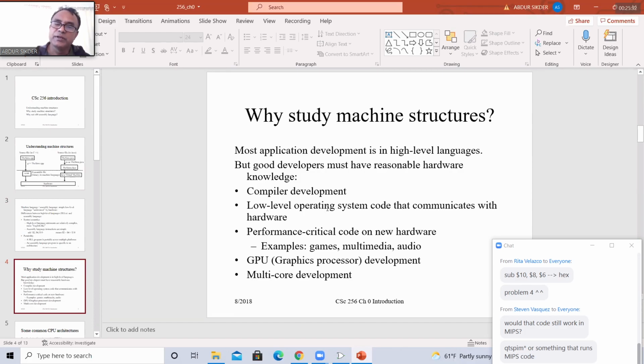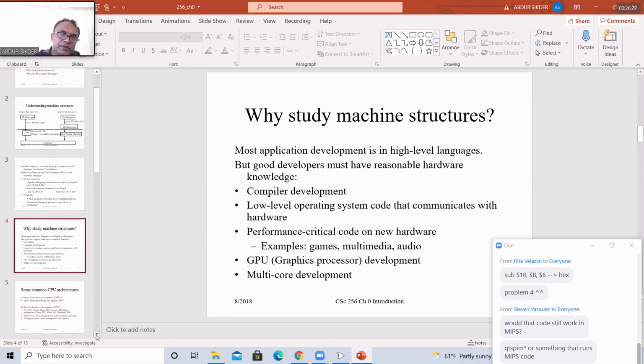We need this knowledge also for low-level operating system code, and performance critical code like games, multimedia, audio. You need to learn about machine structure, and also for graphics processor development. If you want to develop a graphics processor, because for the graphics you need more power, for games and stuff, and for multi-core development as well. So that's why we need to study computer architecture or machine structure, the same thing.